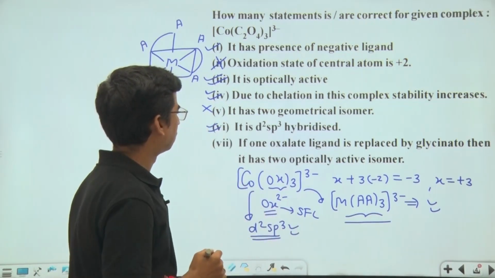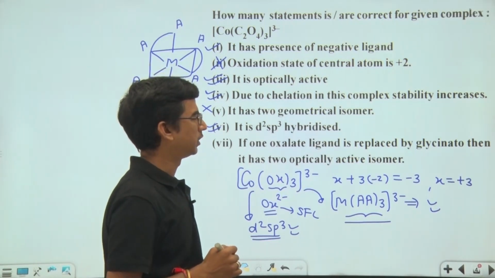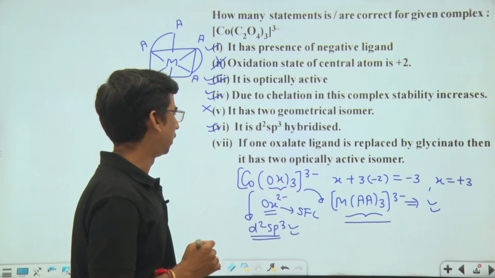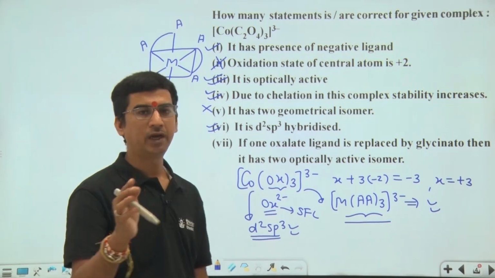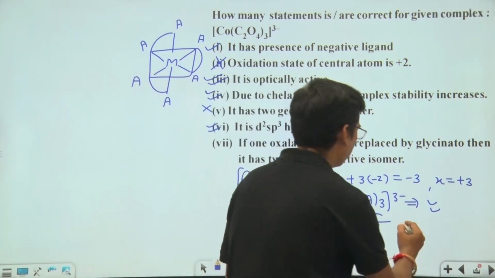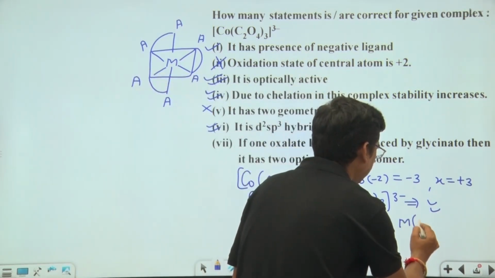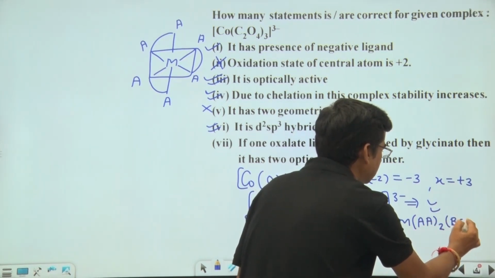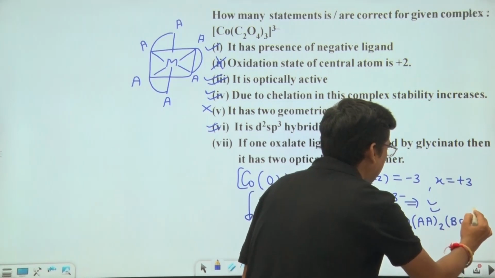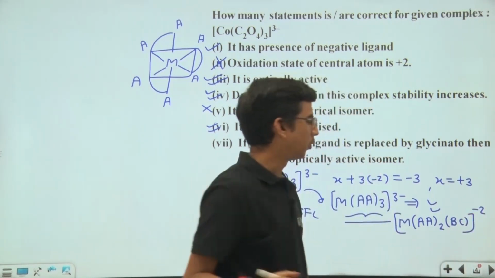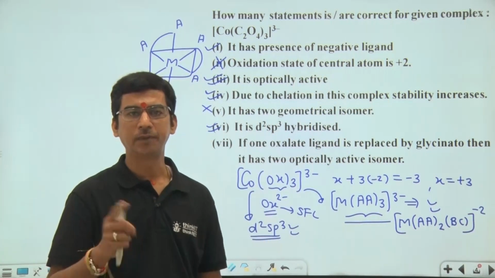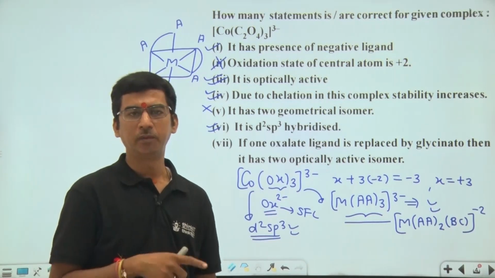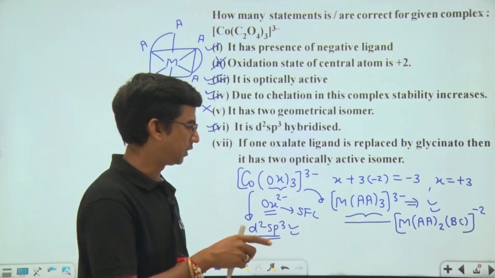Now we come to option number 7. If one oxalate ligand is replaced by glycinato, then it has 2 optically active isomers. So now we change the complex. It will be like [M(AA)2(BC)]^2- because glycinato has minus 1 charge and is an unsymmetrical bidentate ligand, so it will be represented like BC.